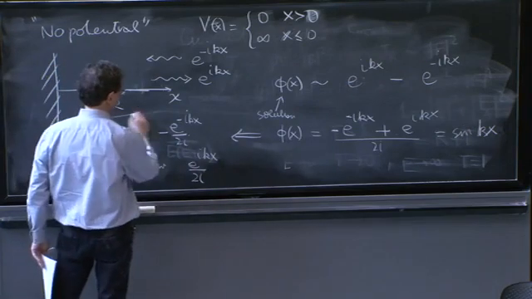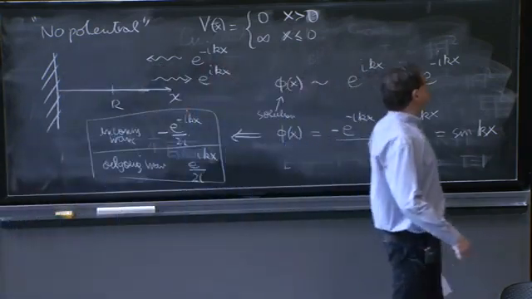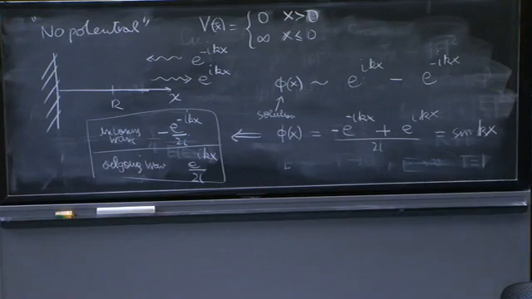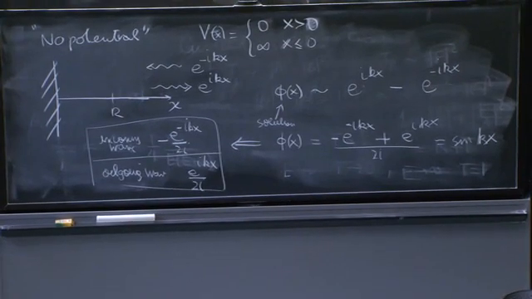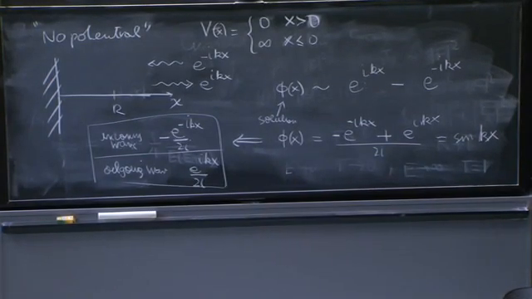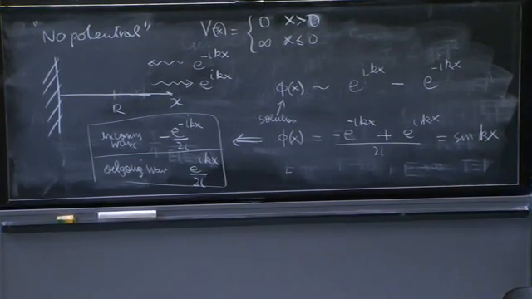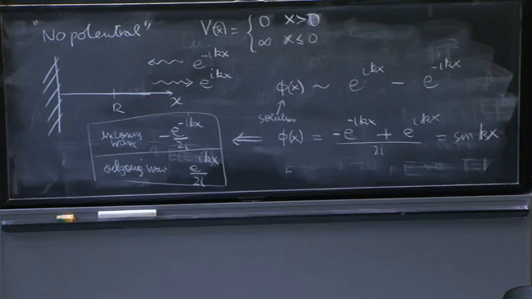So this is the representation of the solution when nothing is happening. And the good thing about this solution is that it gives us an idea of what we should write when something really is happening. So now let's consider how we would write the general experiment in which you send in a wave, but this time there is really a potential.